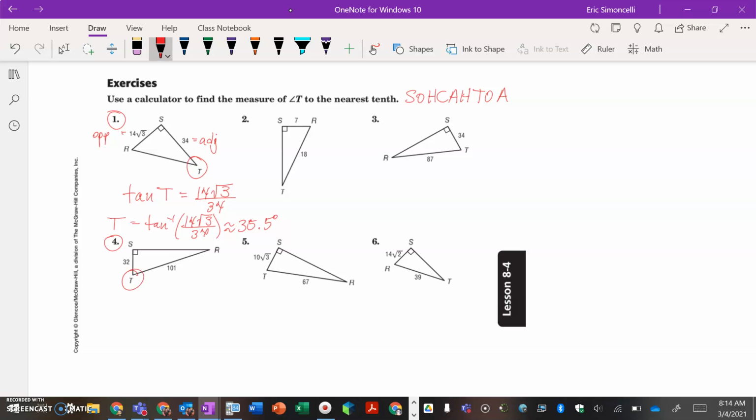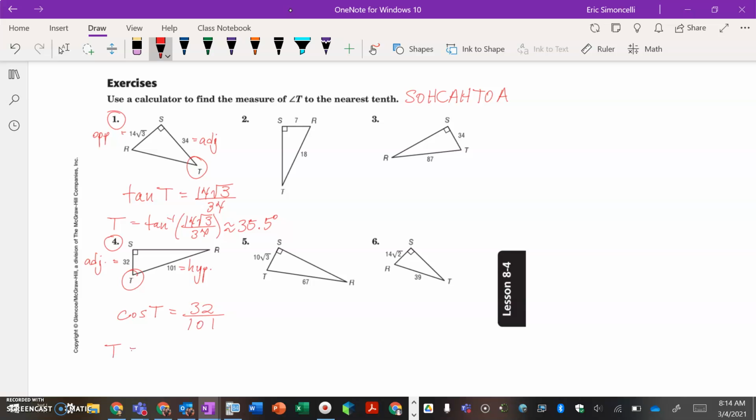If I circle the angle that I'm trying to find, in this case, t again, knowing that I have the adjacent side, and I also have the hypotenuse, we can go ahead and use, well, again, with SOH CAH TOA in mind, we have adjacent A, and we have hypotenuse H. So cosine of t should be equal to adjacent 32 over hypotenuse 101.